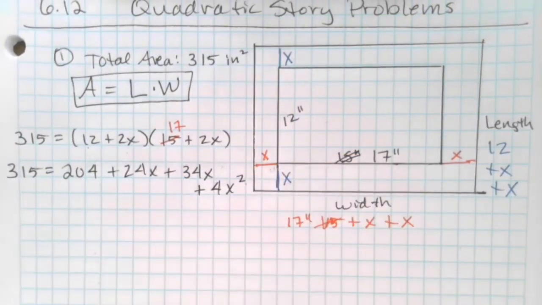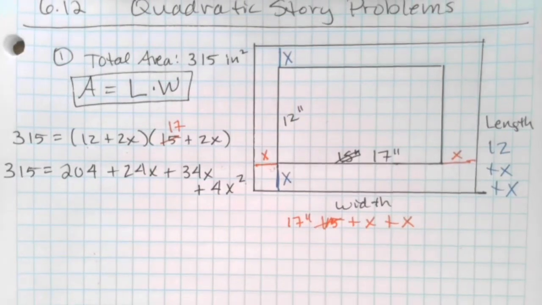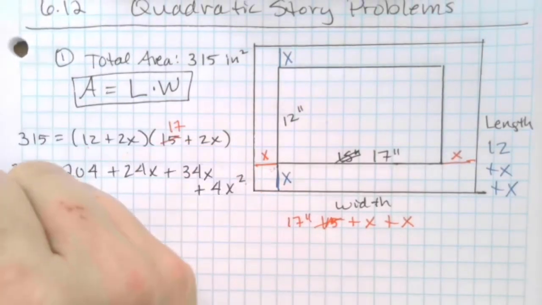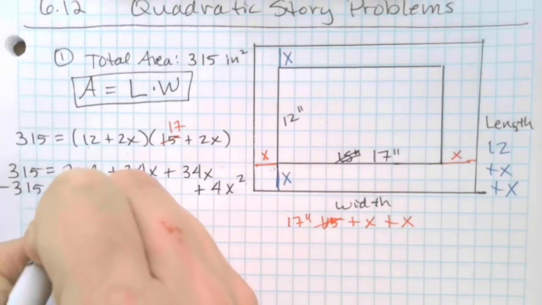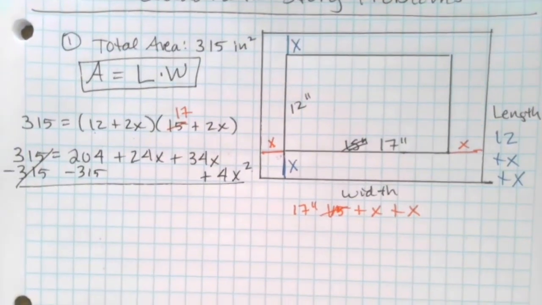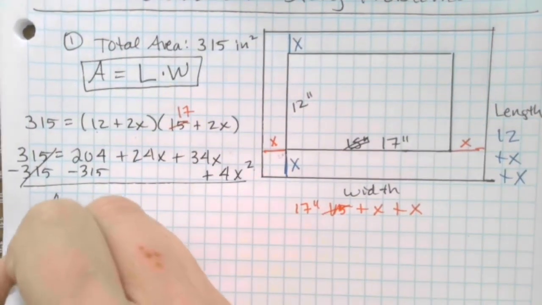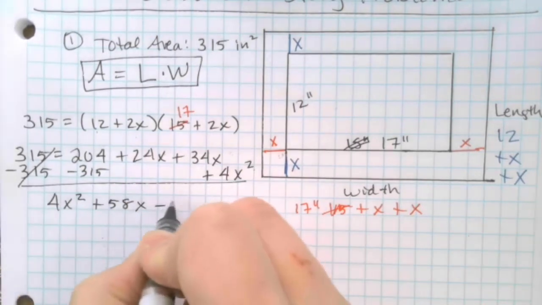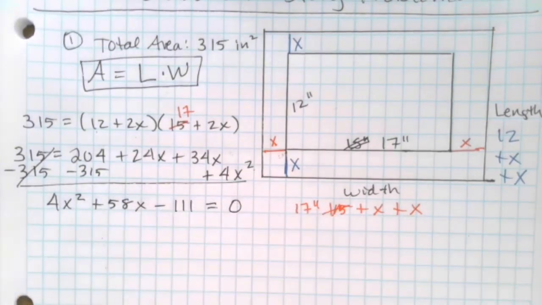So it's obvious we're going to have a quadratic here of some kind, and you solve quadratics by making them equal to 0. So I'm going to move everything over to the right and simplify. So I'm going to subtract 315 over to the right. And then I'm just going to flip-flop my sides for convenience. So that gives me 4x squared plus 58x minus 111 equals 0.